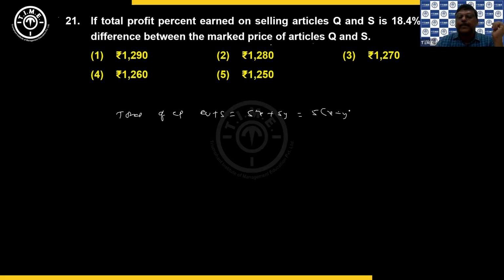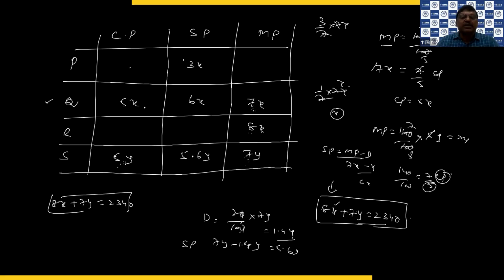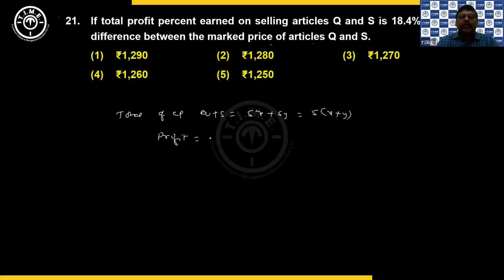But students, what is the total profit we have? Total profit means 6x minus 5x, and here 5.6y minus 5y, it is 0.6y. Profit will be x plus 0.6y.